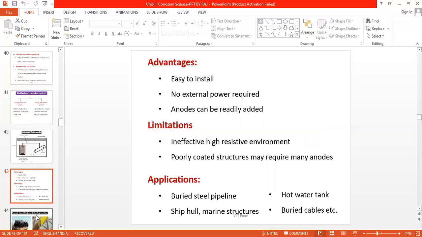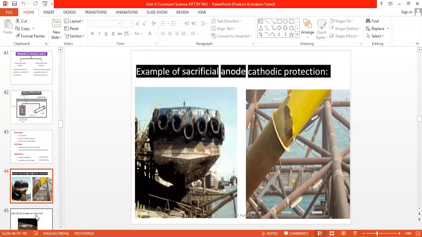Now, where are the places where it is used? First application, to protect buried steel pipelines, to protect hot water tanks, to protect ship hulls and marine structures from corrosion, and to protect buried metallic cables from corrosion. Now we will see some examples of sacrificial anode cathodic protection.